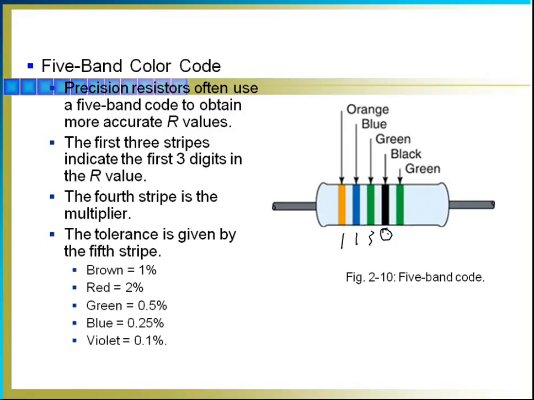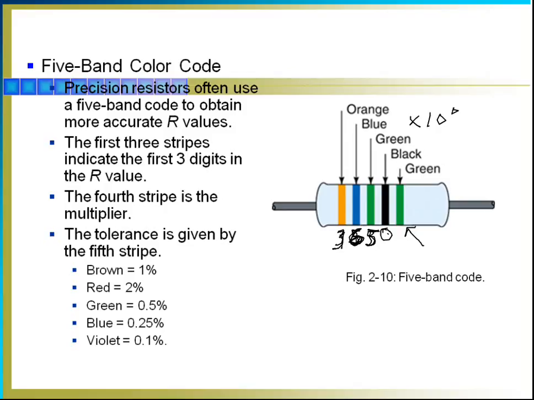Okay, in this case, orange is 3, blue again is 5, blue is 6, so 3, 6, green is 5. Black is going to be times 10 to the 0, because black still corresponds to 0. And then the fifth band is your tolerance.